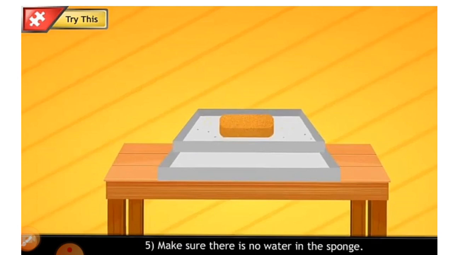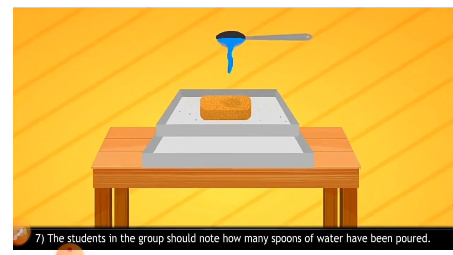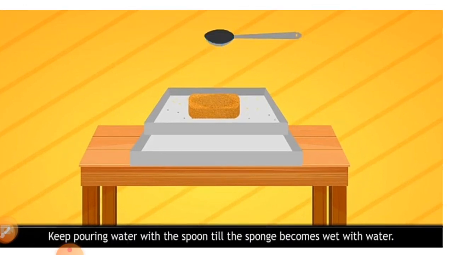Make sure there is no water in the sponge. Pour water on the sponge with a big spoon. The students in the group should note how many spoons of water have been poured. Keep pouring water with the spoon till the sponge becomes wet with water.